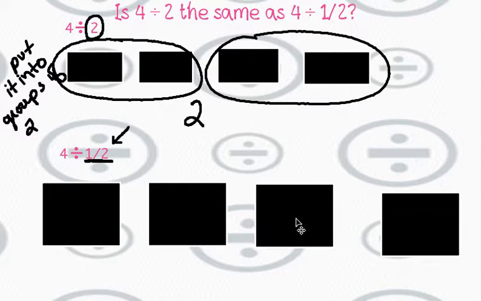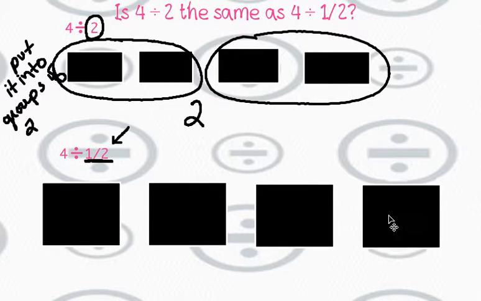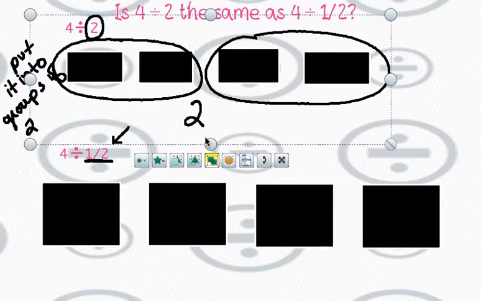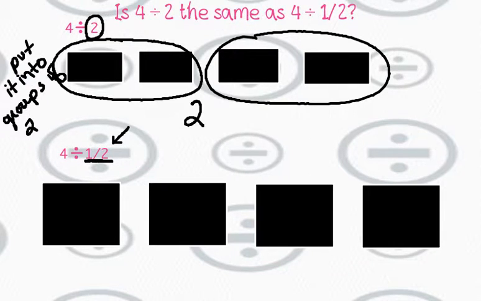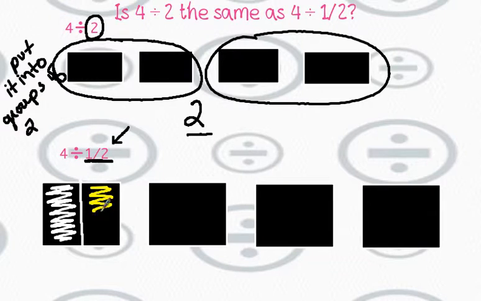Before, 4 divided by 2 gave us 2. In this case, we're saying that half of a piece goes into each group. So now I have to take each of those pieces and split each piece in half. So here's 1 group, 2 groups, because you're dividing it into groups of half.